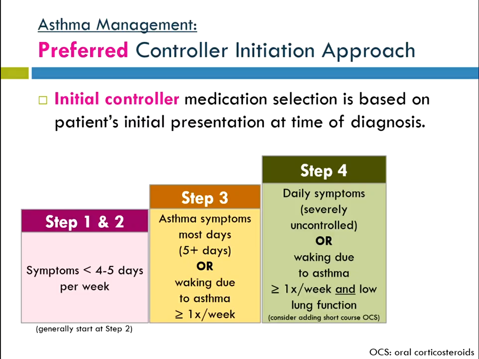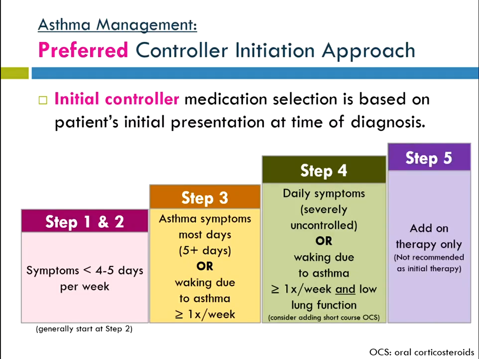So not 0.71, not 0.65, maybe like 0.3. Low lung function. We're going to start them on step 4, and we may consider a short course of oral corticosteroids to boost them back to a better baseline.